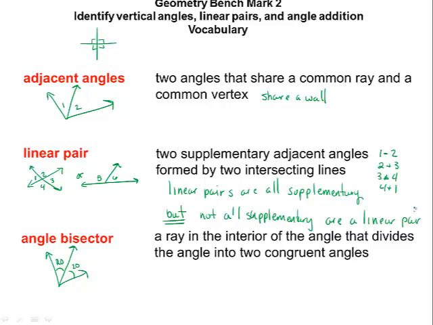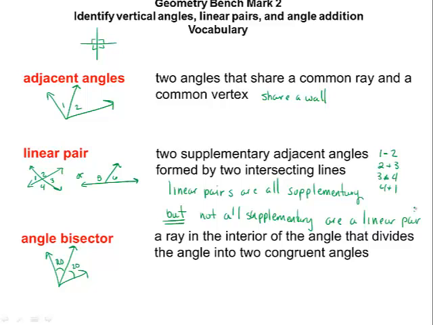The way this works, linear pairs are adjacent. They're touching. So they have to be connected together and make a straight line. Supplementary angles are just any two angles that add up to 180. So you can have two angles floating off in space, nowhere near each other, and that can still be supplementary. But the linear pair has to be attached.